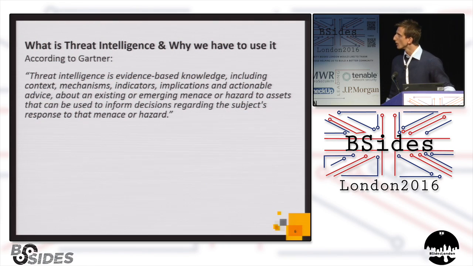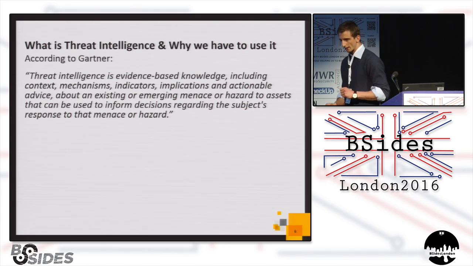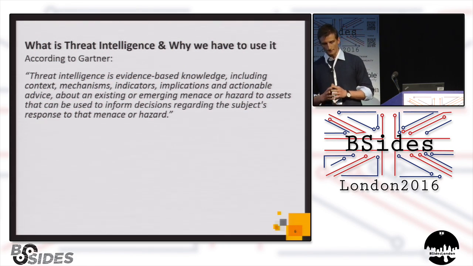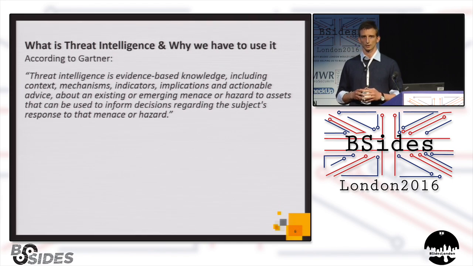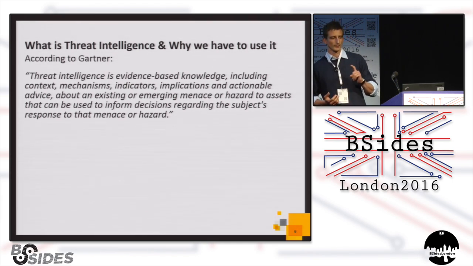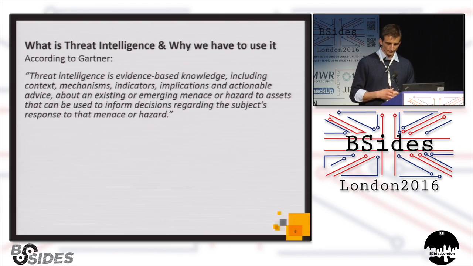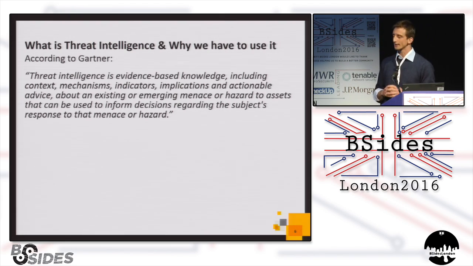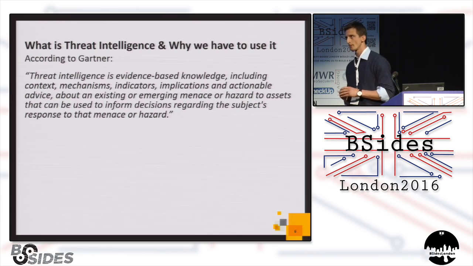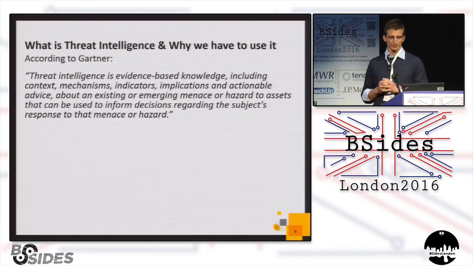All right, so at the moment we are using different things to protect our network: AVs, firewalls, IDS, whatever. They work okay, but I think that another thing that should be implemented in our network is threat intelligence.